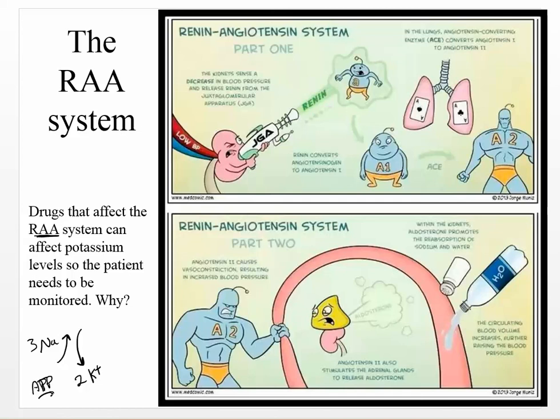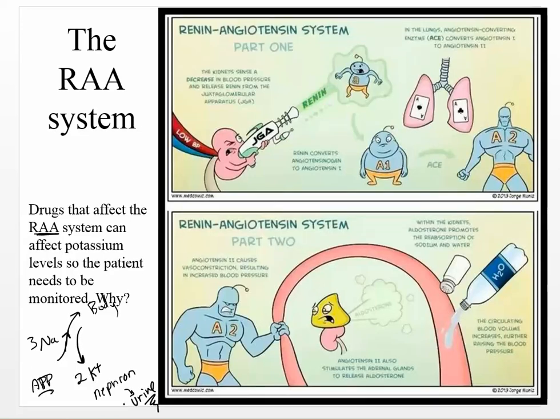But the thing is, as we're pushing the sodium to go back into the body, this potassium is being put in the nephron. And because it's being put into the nephron, it ends up leaving the body as urine. So drugs that affect the RAA system can affect potassium levels, so the patient needs to be monitored, and that's because it's a co-transporter.